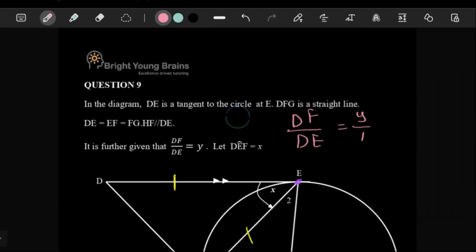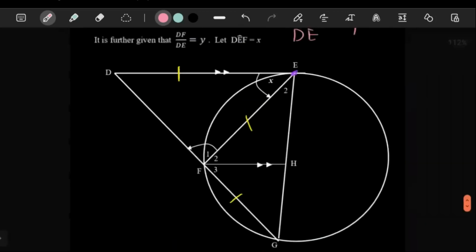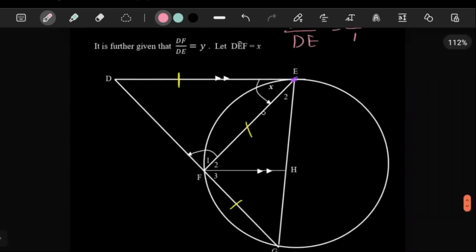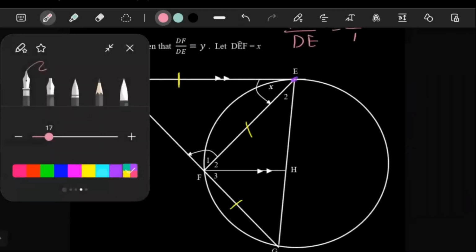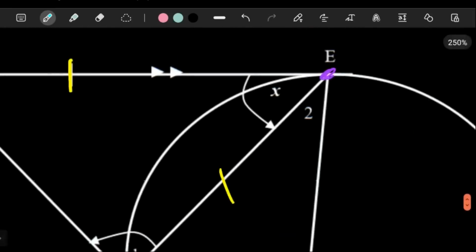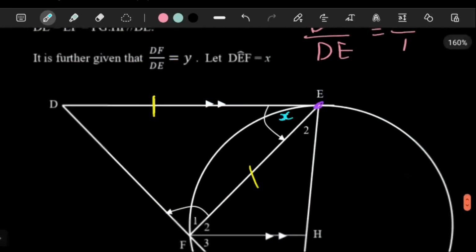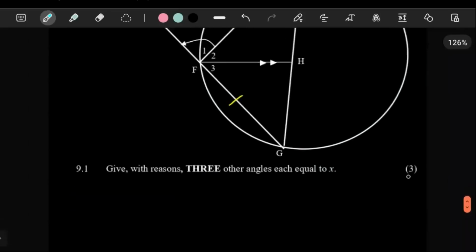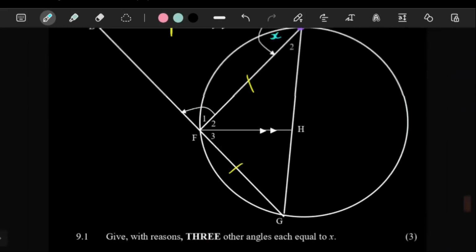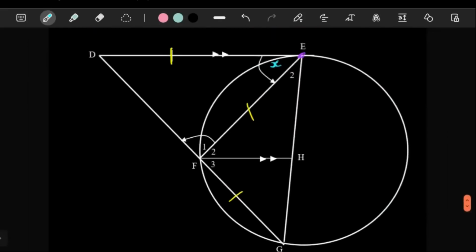And then the next thing they said is let DEF equal to X. This looks super familiar as well. So much recycling of questions. Oh well, we'll have to see it. The 3-mark question says give with reasons 3 other angles equal to x.